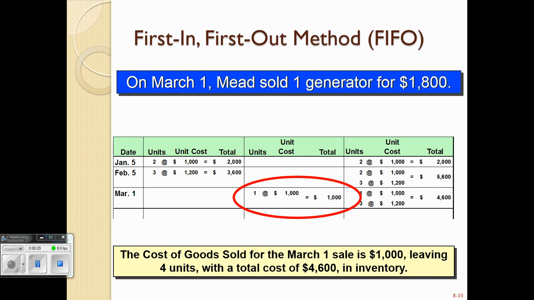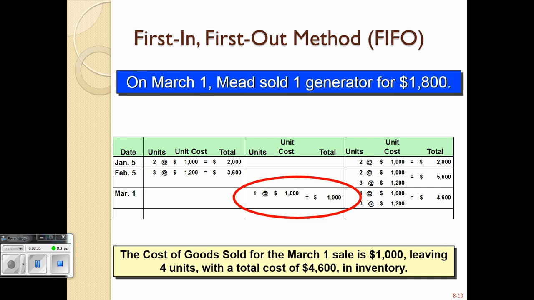So in this particular case, if you look, the first ones in on this particular product were the 2 units purchased on January 5th at $1,000. So since those two were the first ones in, that one, when I sold one, is going to be the first one out. Okay, so my cost of goods sold will be the 1 unit at $1,000.